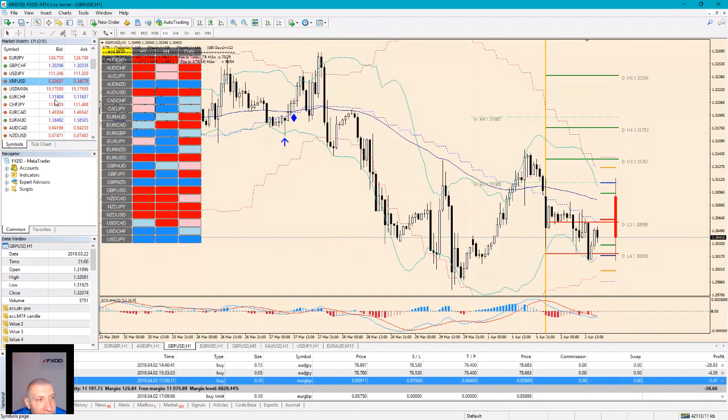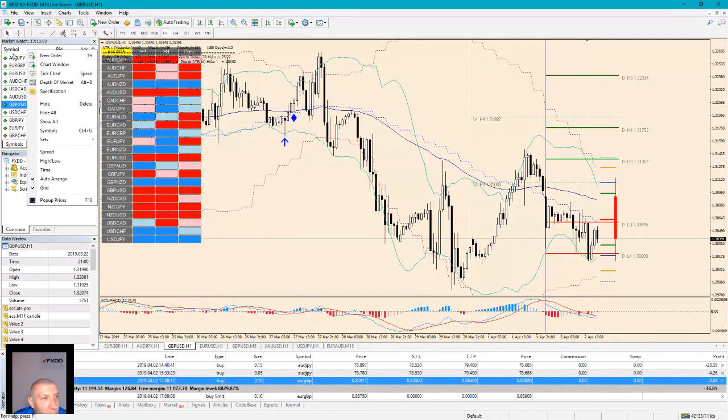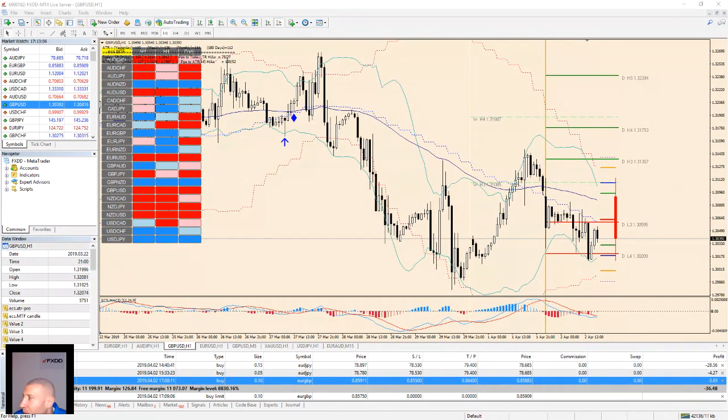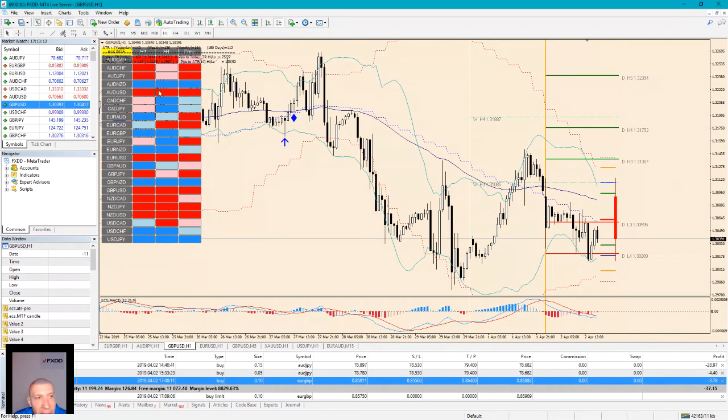Euro Swissy, yeah, Velislav is saying that we have a Euro Swissy potential trade. Let me just open it. I'm not sure that I have it here. I'm not particularly trading Euro Swissy a lot. It should be there.